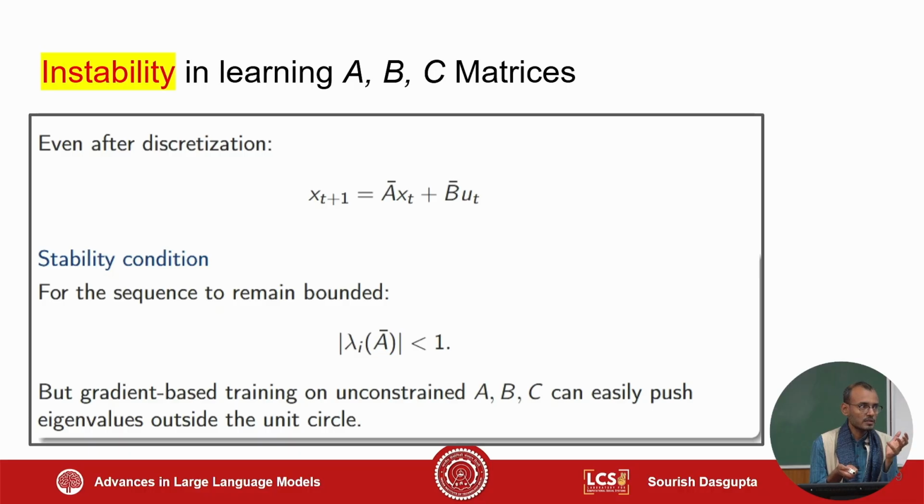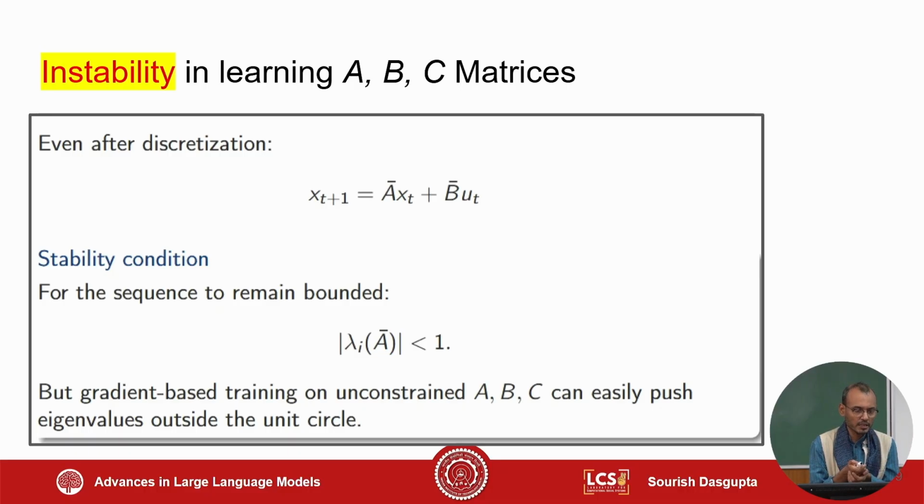Even after you have done this discretization, what is the stability condition? That the magnitude of lambda of your A bar should be less than 1. Otherwise it can explode. But during training, if you just do an eigen decomposition based modeling, there's no guarantee that the magnitude of lambda is less than 1.